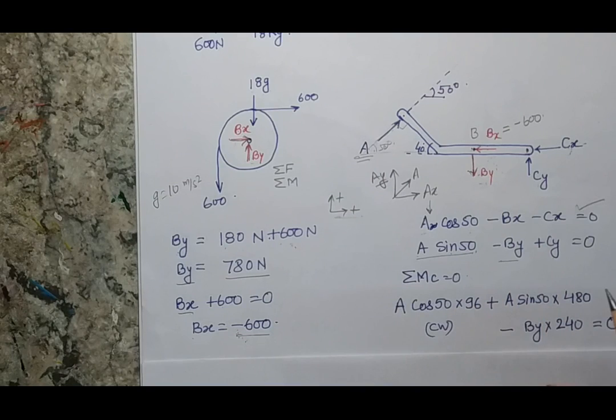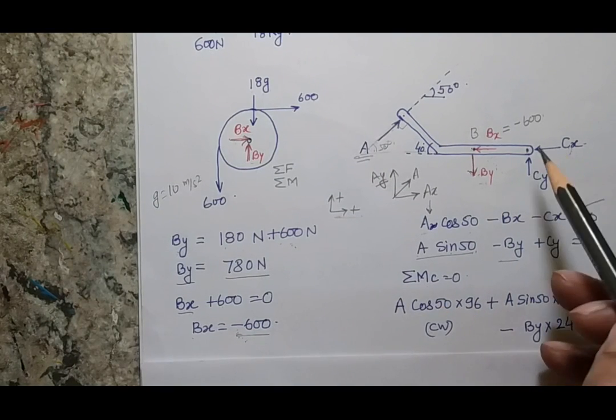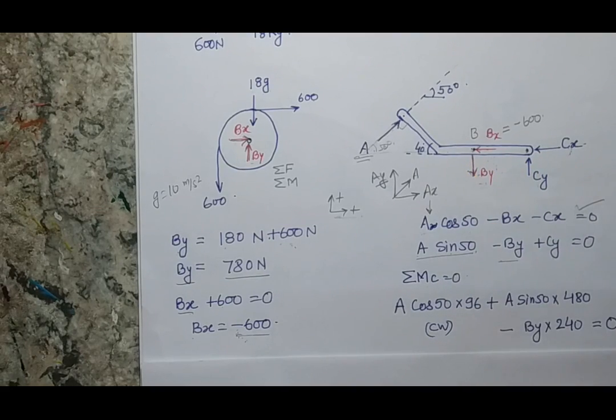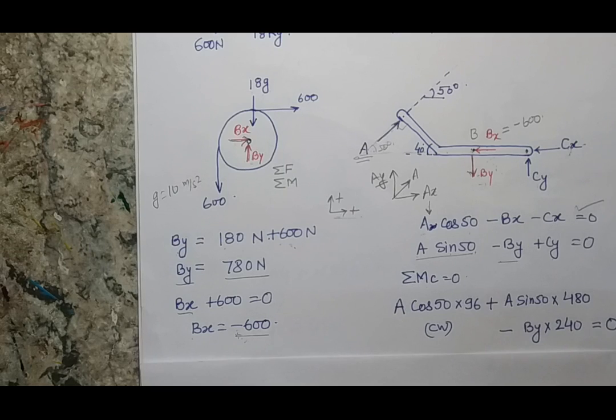Now the third equation I can write using the moment. I have a choice whether I can consider the net moment 0 here, here, here, anywhere on a rigid body. If the body is in equilibrium, that means the moment balance at any point of the body will be 0. But I have to choose a point with some wisdom.